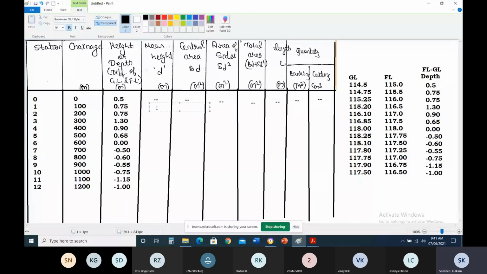So 0.5 plus 0.75 divided by 2 we have to do. Okay, how will you get mean depth, or mean height? Now for which station do I need it? First station. Its previous depth is what? 0.5. Current depth is what? 0.75. So 0.5 plus 0.75 divided by 2, if you do, you will be getting 0.625.